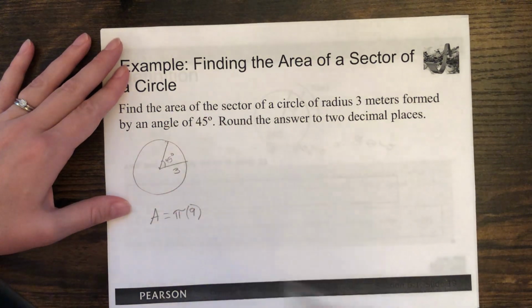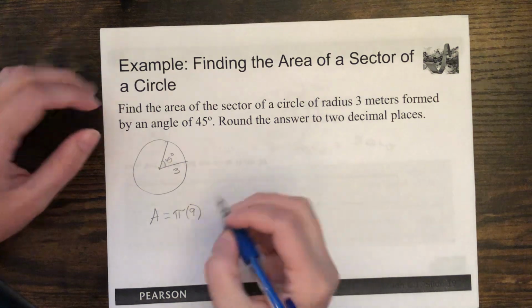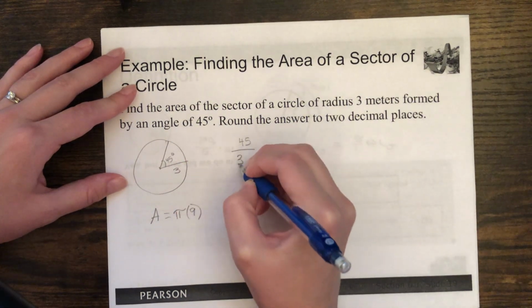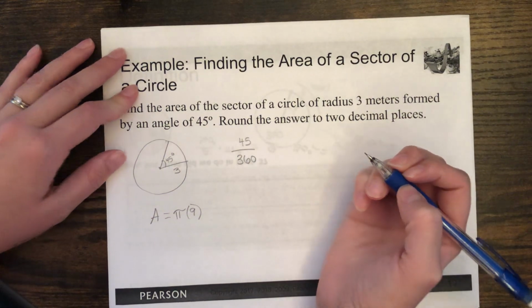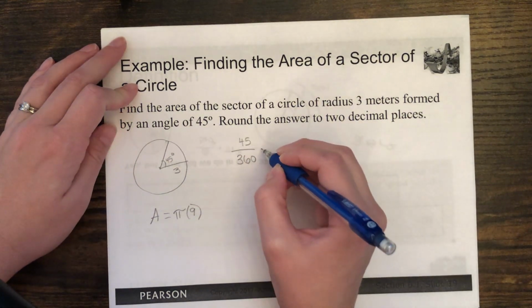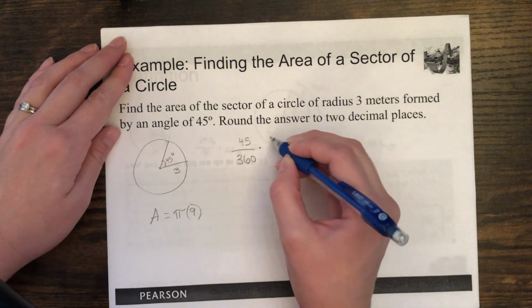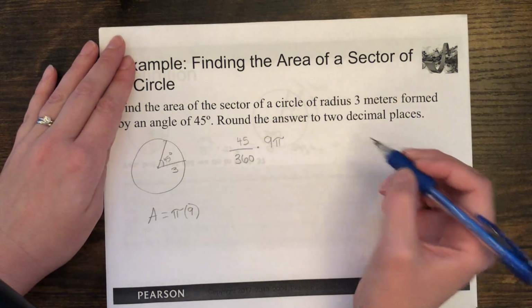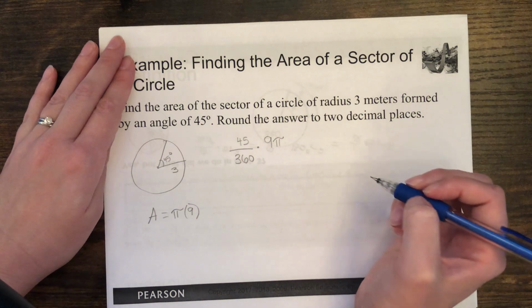I don't have the whole circle though, I have a fraction of it. What fraction do I have? I have 45 out of 360 degrees. And so I could say, multiply that by 9 pi. And I could work that out.